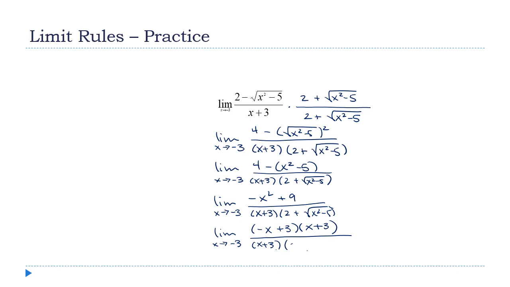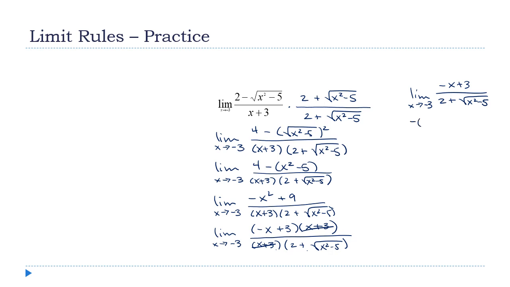Now the denominator is going to change. These x plus 3's cancel, right? And all I'm left with is the limit as x approaches -3 of (negative x plus 3) over 2 plus that square root. Now I'm going to try again. I'm going to put -3 in there and see what happens.